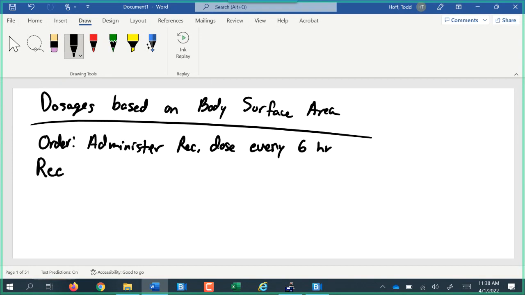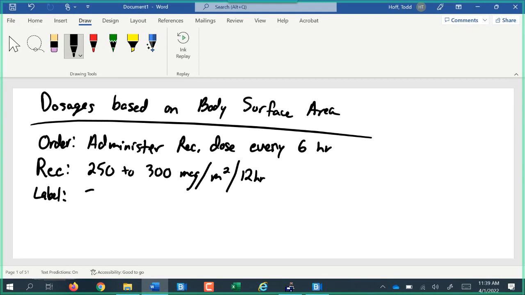And the recommendation might be something like 250 to 300 micrograms per square meter every 12 hours. And then our label on our supply might say something like 50 milligrams in 17 milliliters.